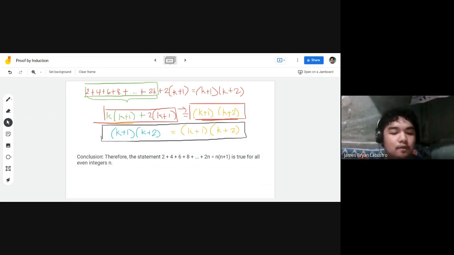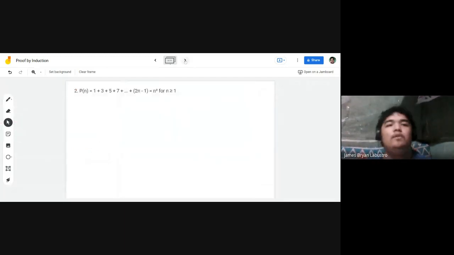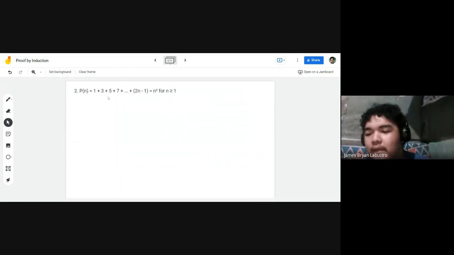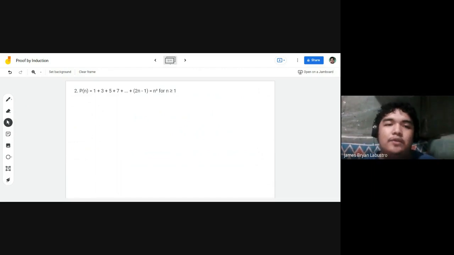Now, okay. For the next step, or for the next statement, it is this. So, let P of n be 1 plus 3 plus 5 plus 7 plus ellipsis plus 2 times n minus 1 is equal to n squared for n greater than or equal to 1.